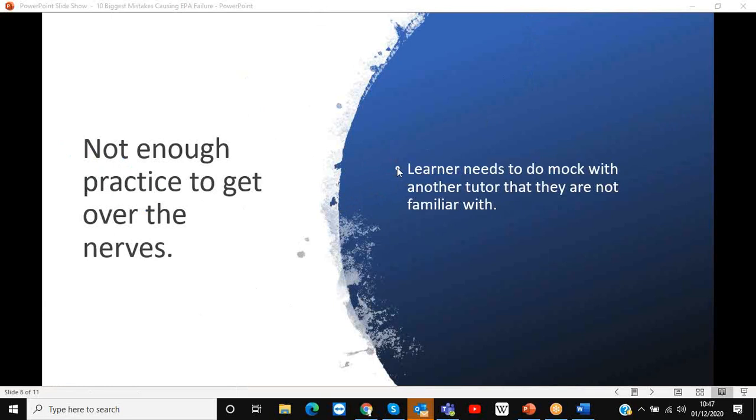So this is a particular problem that we experience on a very regular basis. Admittedly, some learners are just generally nervous people, but they can be coached and supported to overcome those nerves, and that is invaluable when it comes to time for the EPA itself.